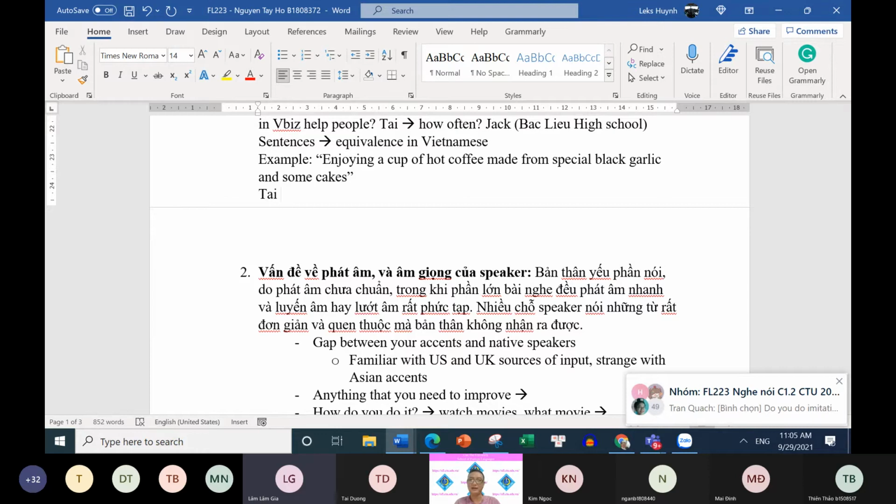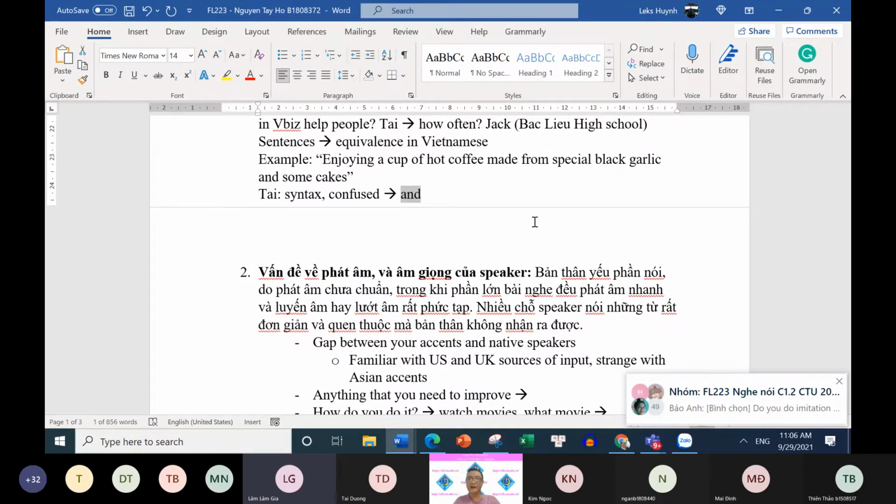But when I read that sentence, I think that the hot coffee is made from special black garlic and some cake. You know what I mean, right? And this sentence is somehow confusing to me and to Tài too. So we haven't decided who is the right person. So how do you feel about that sentence, sir? Who is the right person?